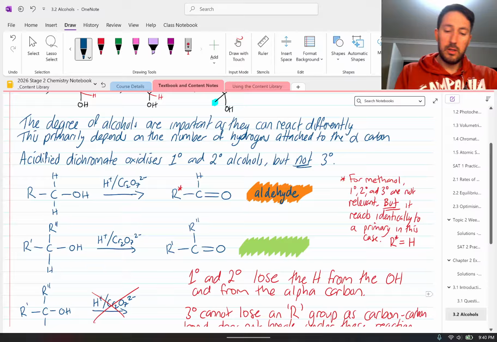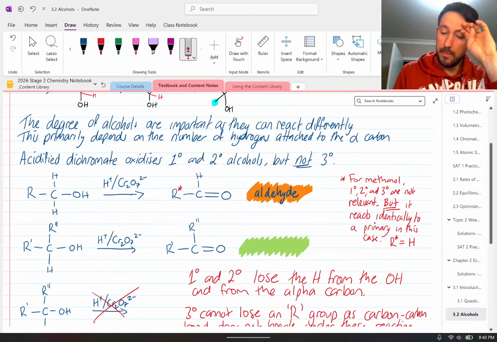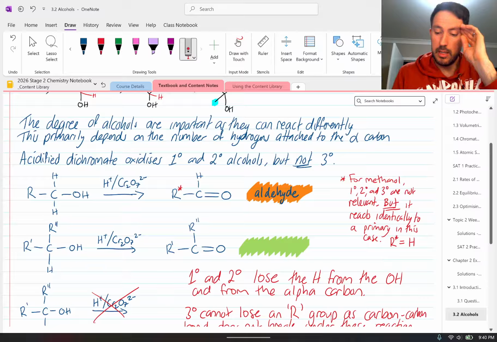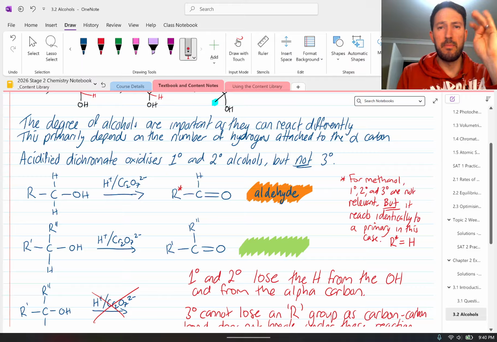Now, I've put a little star here, so if you look over here, this R group here could be anything. Now, it says here for methanol, first, second, and third degree are not relevant, but it reacts identically to a primary in this case. Now, if you have an R group that is a hydrogen as well, then obviously, if we have a methanol, we've got that carbon attached to no carbons.